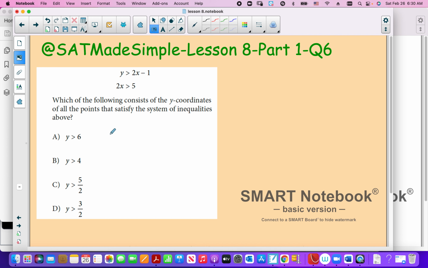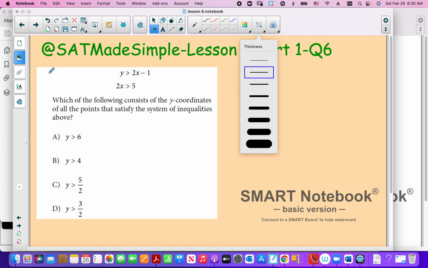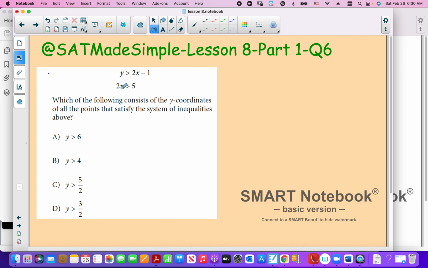Two inequalities, and I need to find the solution for y. The second inequality, 2x greater than 5, if I were to subtract 1 from both sides, what do I get? I get 2x minus 1 greater than 4.